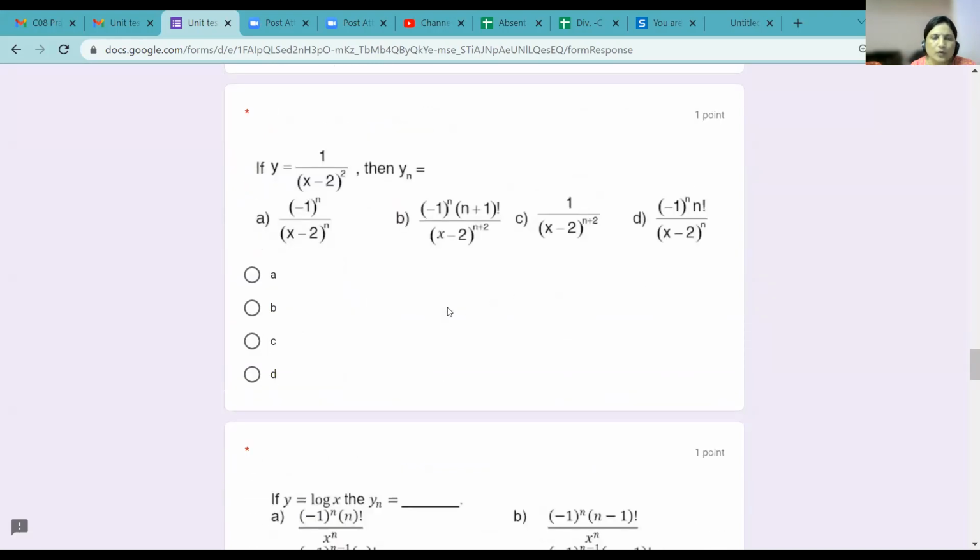Next, 1 upon x minus 2 bracket raised to 2. Option B, ma'am. Just a minute.